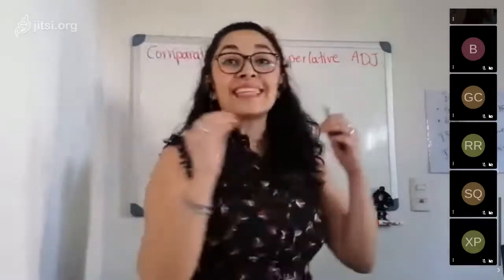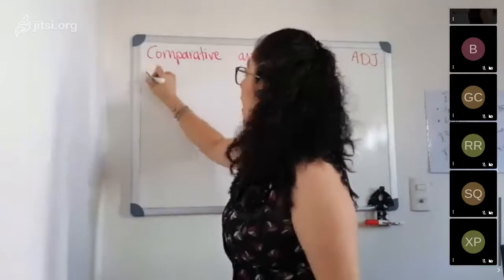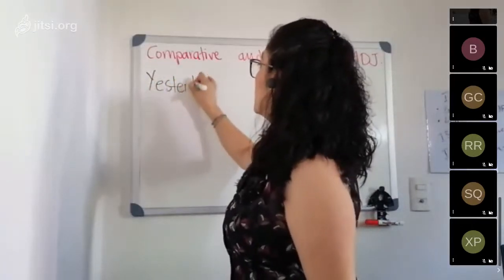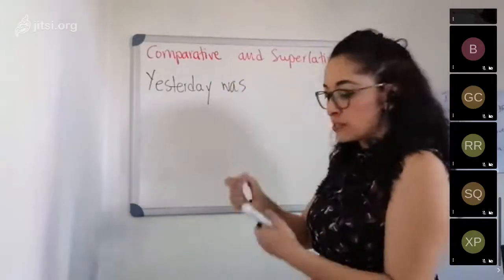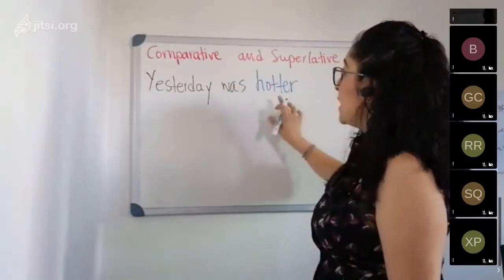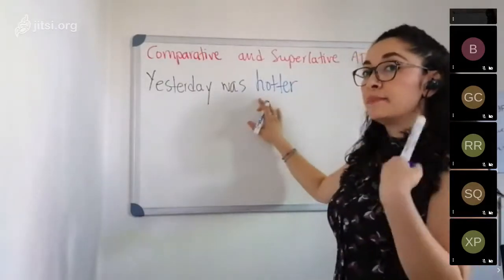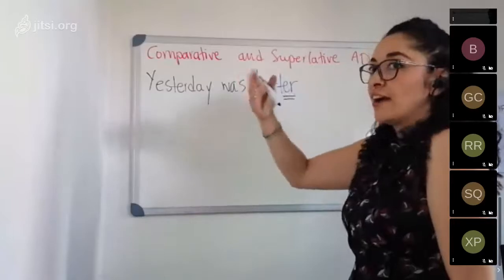So what is the sentence? How are we going to form it? I think yesterday, this is in past. Yesterday was, that doesn't matter. And then we have the comparative form of hot, because I think yesterday was hotter. Remember, not more hot.